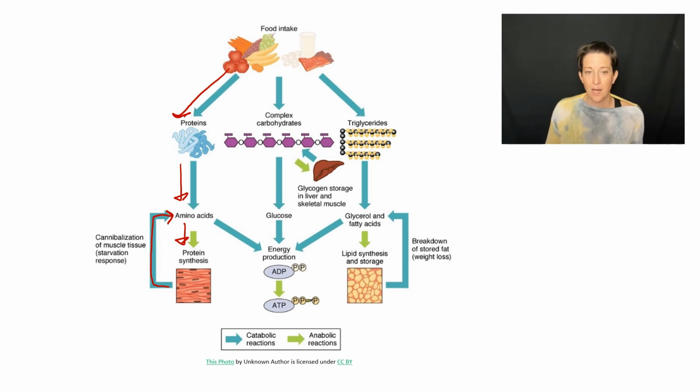This is what I was talking about, that now we're going to take these amino acids and go through the catabolic processes of the citric acid cycle and making ATP. So these amino acids are ultimately going to undergo transamination to remove the amine group.